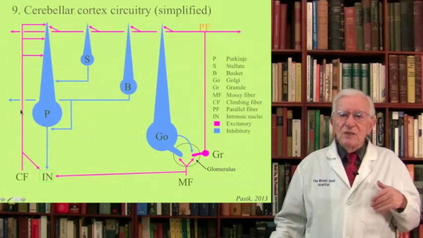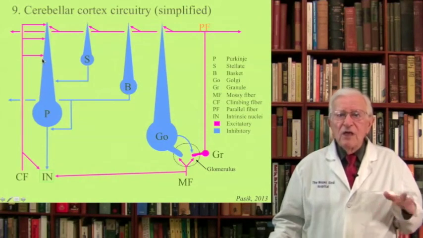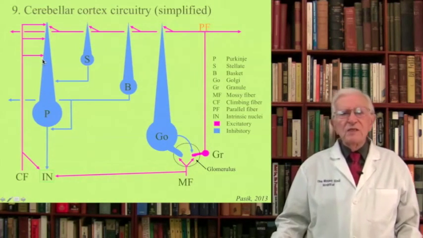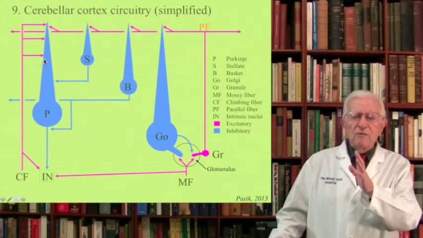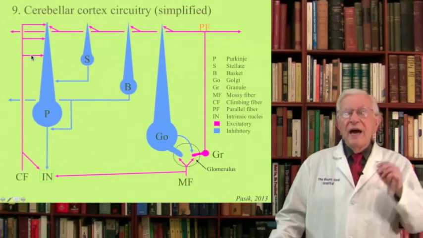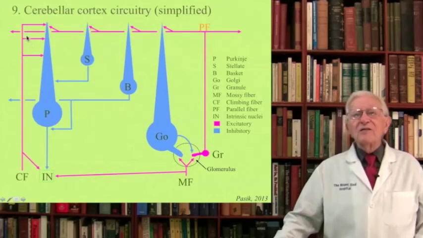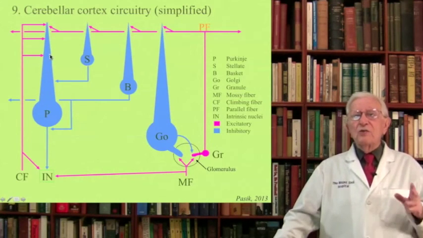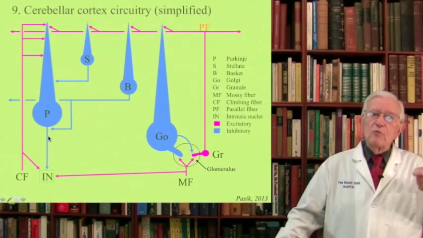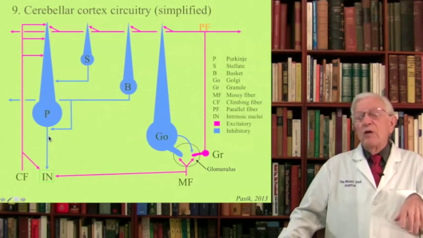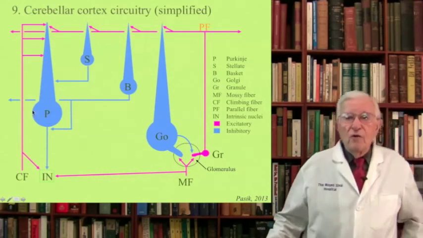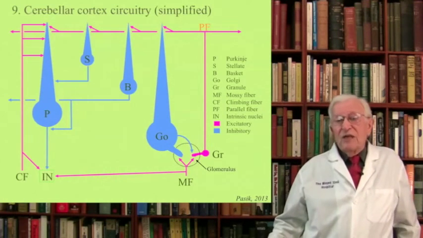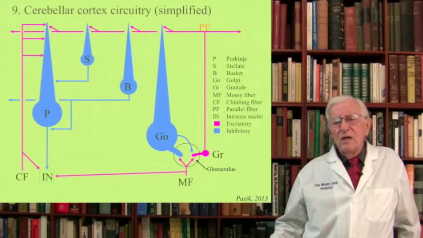And now comes the climbing fiber. It reaches that dendritic tree of the Purkinje cell and samples the condition under which that Purkinje cell is, and blasts it with excitation, and then the Purkinje cell will discharge according to its previous status, dictated by the internal circuitry of the cortex.